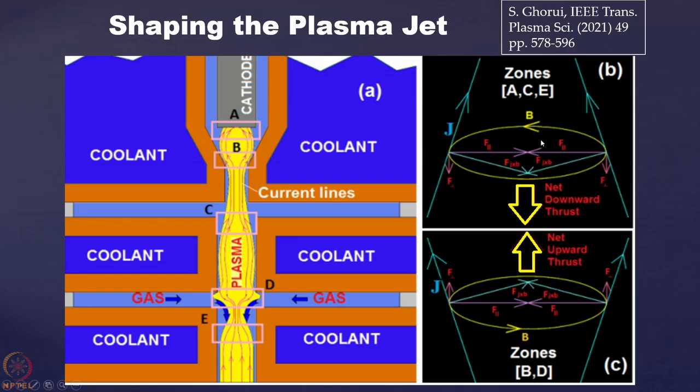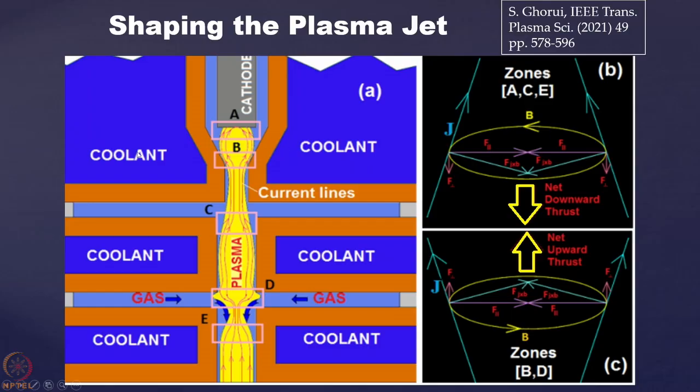So this radial force will be balanced, and there will be a net force downward. This is the net downward thrust. Because of that, the plasma in this kind of configuration will be pushed down. That will form a jet that we usually call a cathode jet when it is originating from the cathode. Okay. So this plasma jet is now putting a thrust downward.